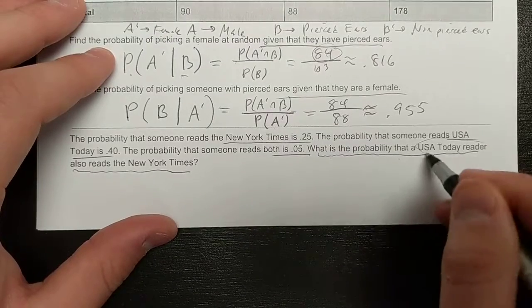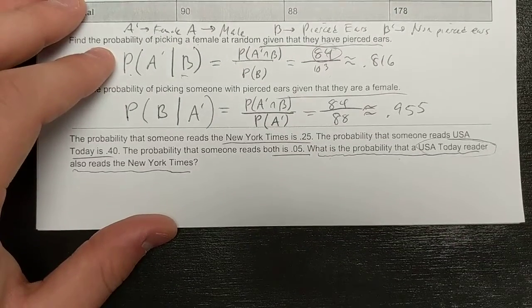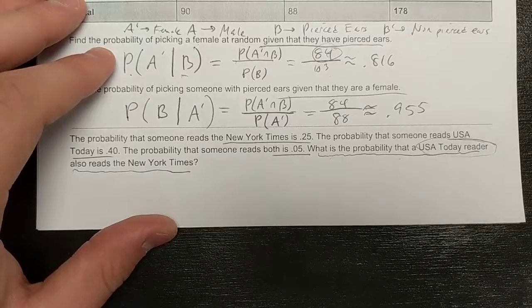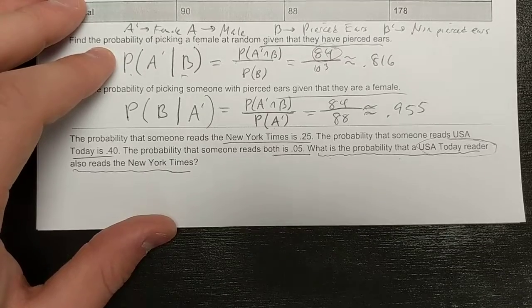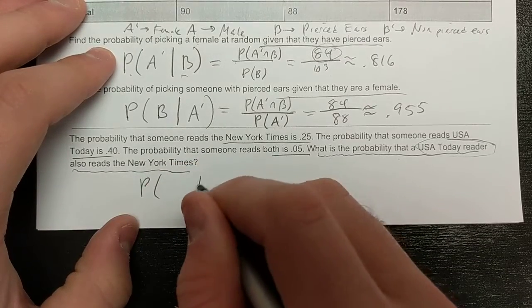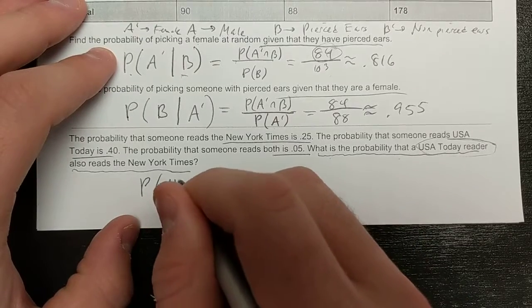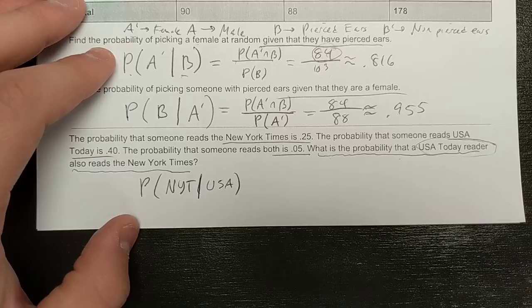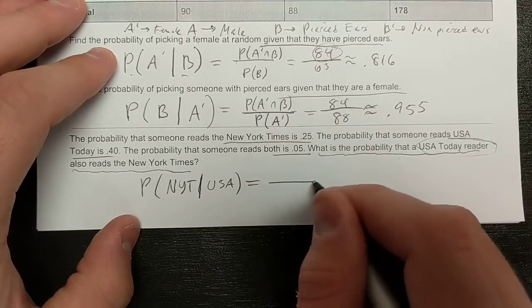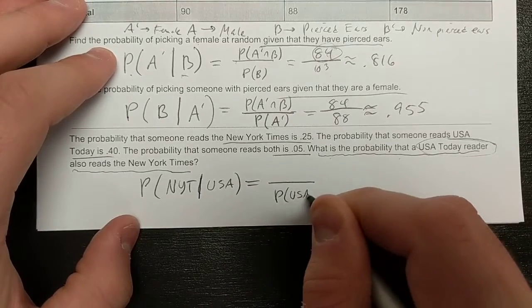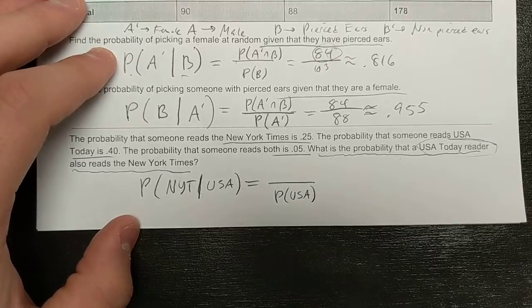So what is the probability that a USA Today reader also reads New York Times? Your condition is you're only looking at USA Today readers. Out of those readers, how many also read the New York Times? So your condition is they read USA Today. You want to find the probability that they also read the New York Times. So on the bottom, probability they are just USA Today readers.